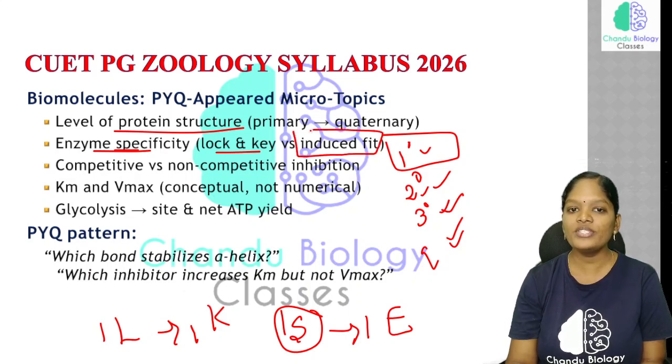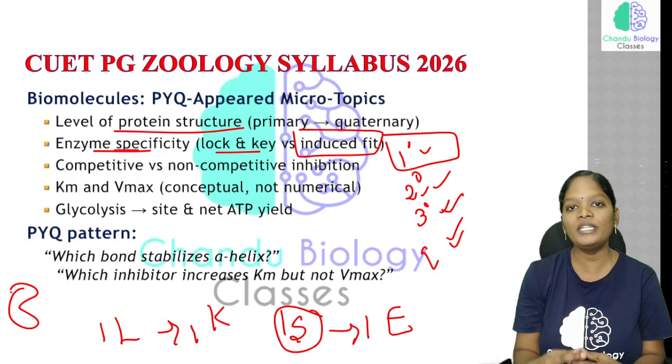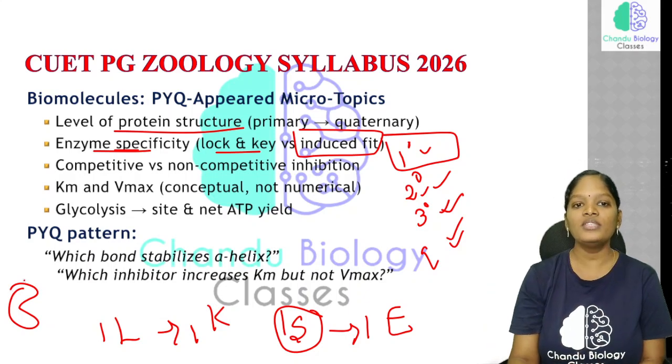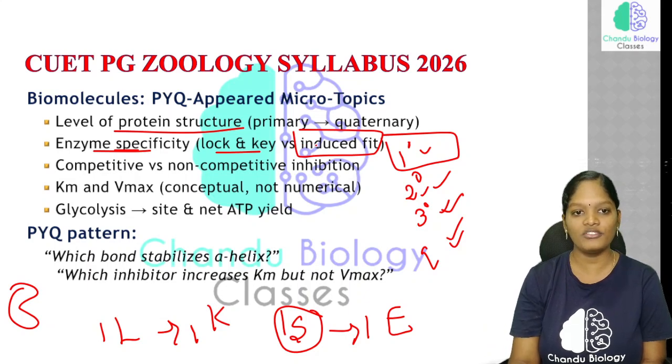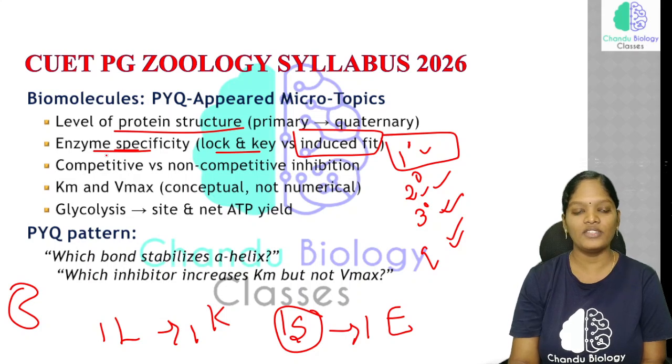In the induced fit model, based on the substrate structure, the enzyme changes its structure and fits with the substrate. This is the difference between the lock and key and the induced fit models. We are going to discuss enzyme specificity in detail in our classes.